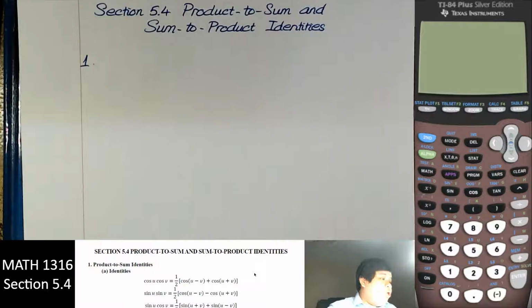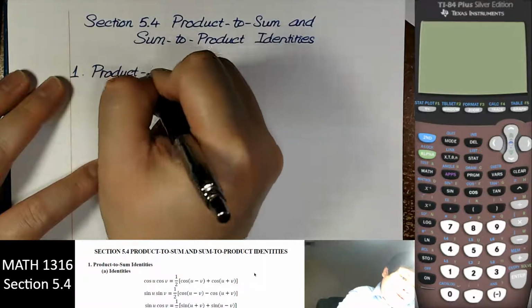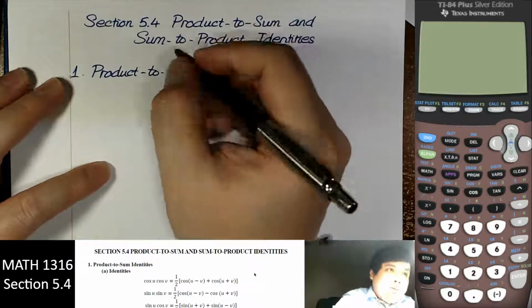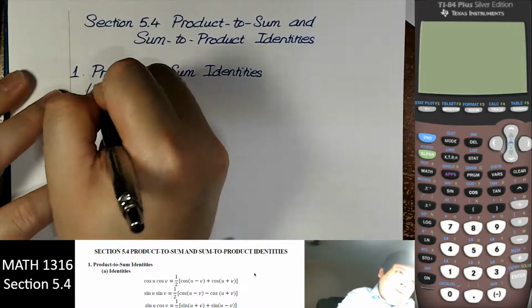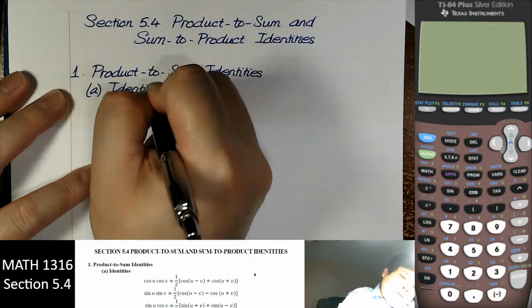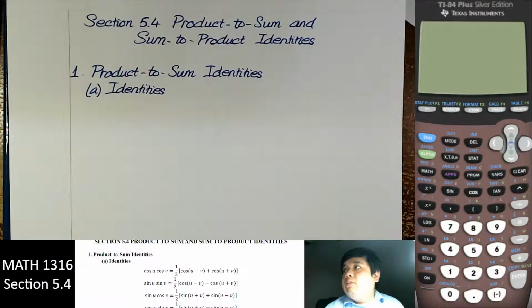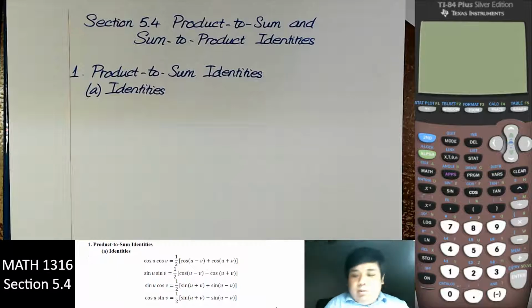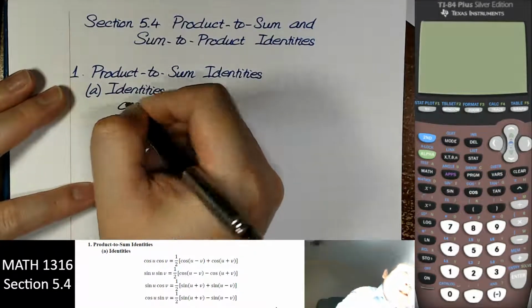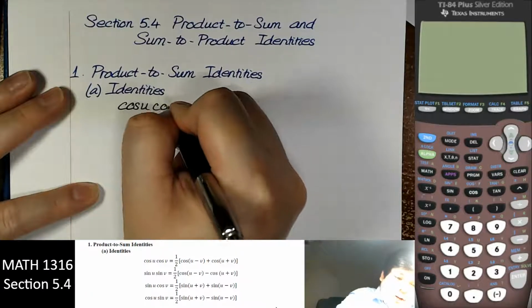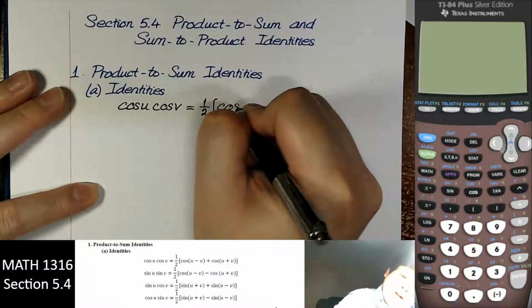The first one is product to sum, the other one is sum to product. So cosine of u times cosine of v is 1/2 cosine of u minus v.